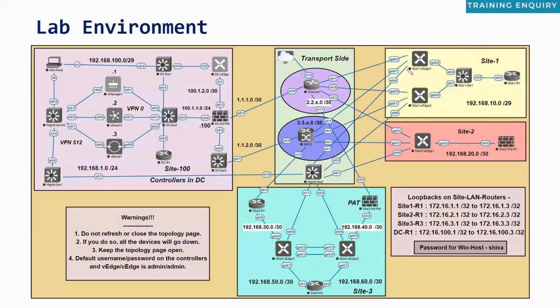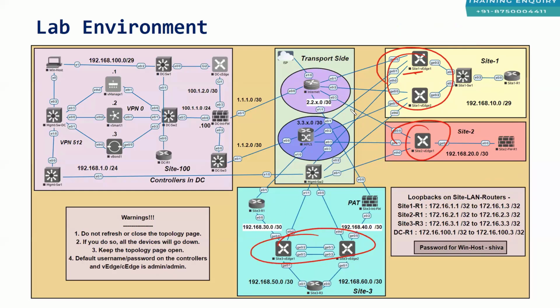So you can see that site 1 is our dual CPE site, and site 2 is a single CPE site, and then site 3 is again a dual CPE site, right? So we have got all those sites over there. And then DC, ideally DC will always be dual CPE at minimum.